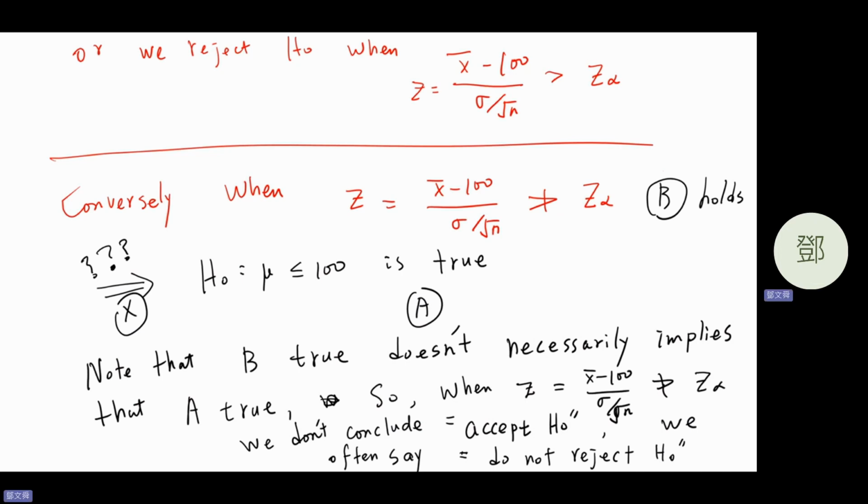That's what we should say. When B holds, we don't say A holds as well. Because A implies B, we should not say A holds when you see B. When B is true, it does not necessarily imply that A is true.